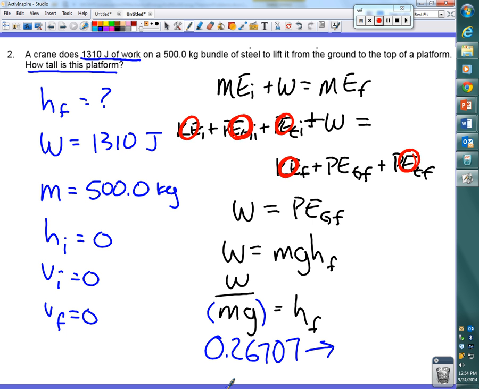How many sig digs should our answer have? Should have 3, right? This work, 1310, only has 3 significant digits because that 0 isn't significant, right? Because, Kelly, it's at the end, sorry, it's at the end, but does it have a decimal point? No, it doesn't, right?